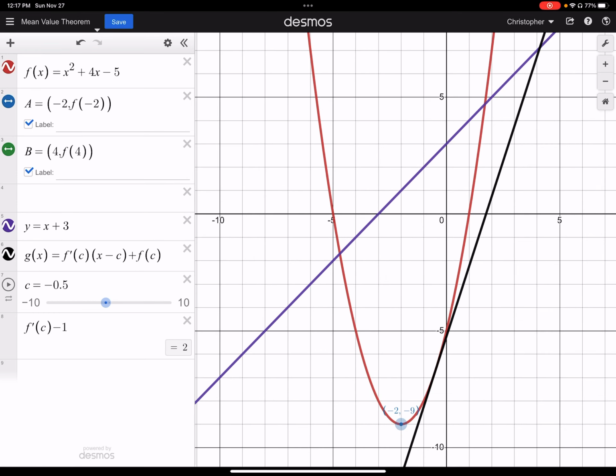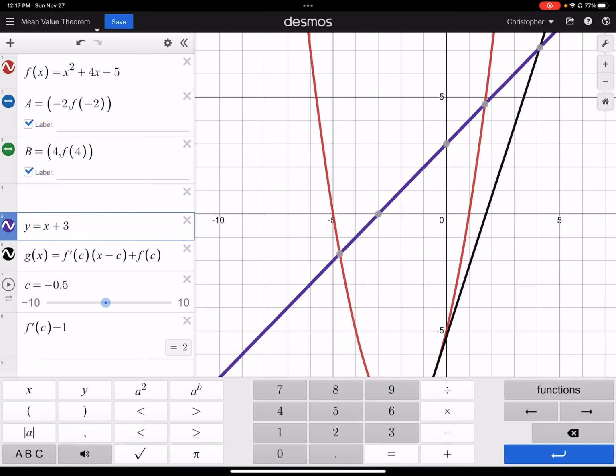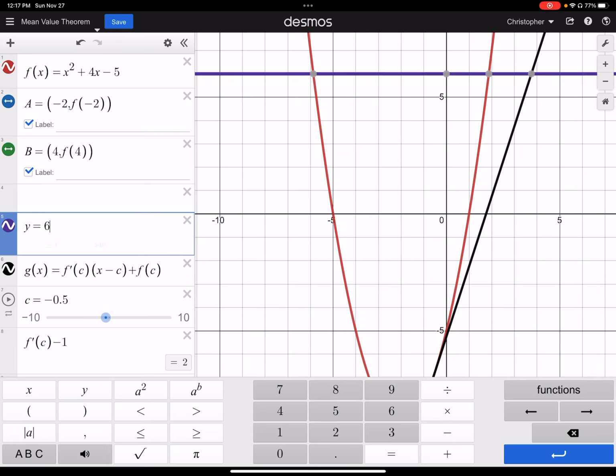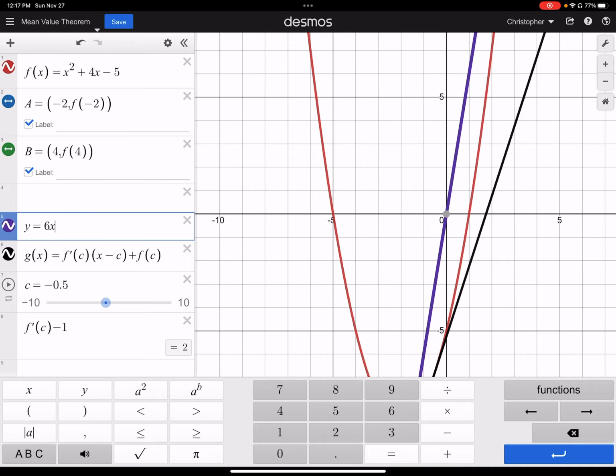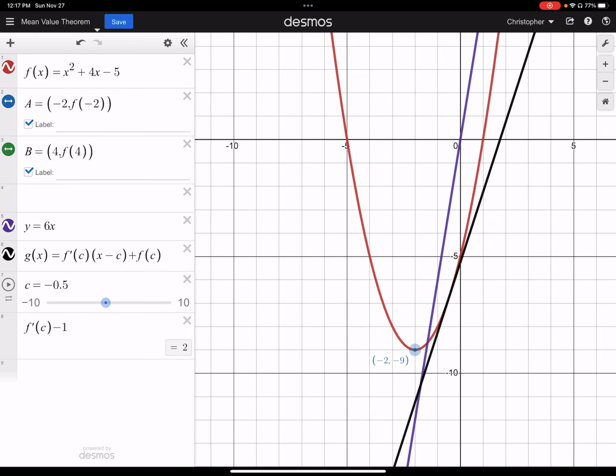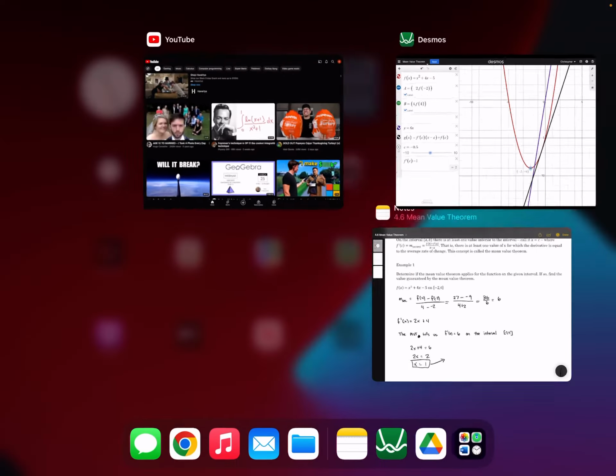What we're looking for is the value guaranteed by the mean value theorem. In this case, we want the slope of the line, which was 6. Did we get 6? So hold on a moment.